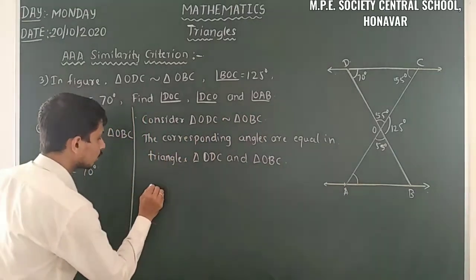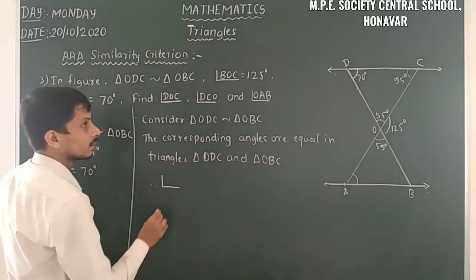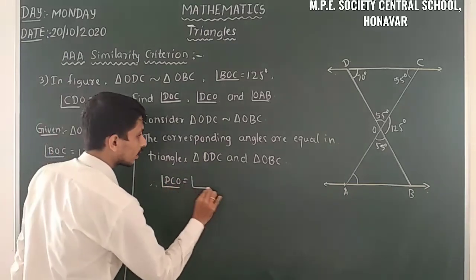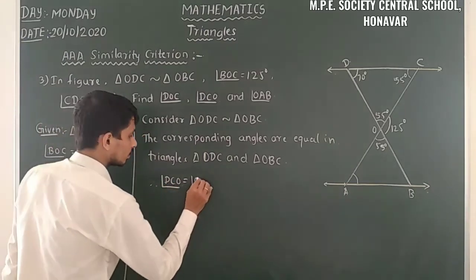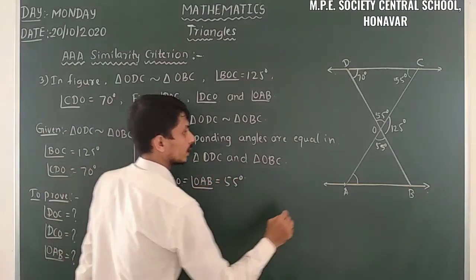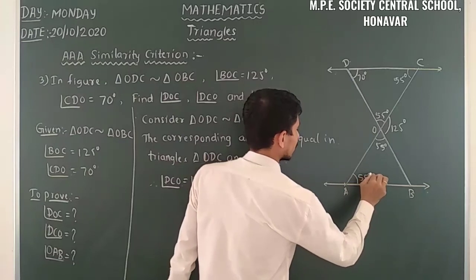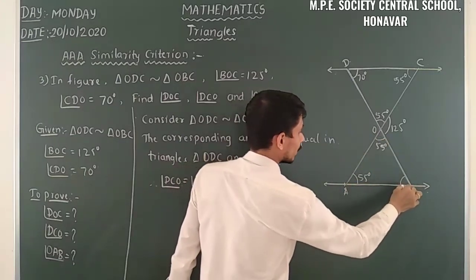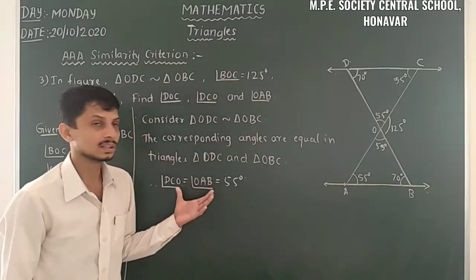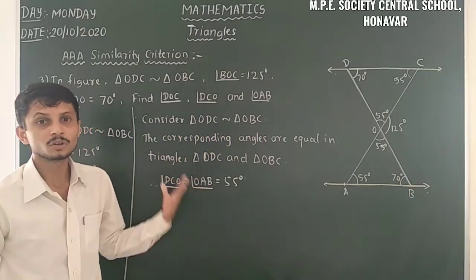Yes, therefore angle DCO is equal to angle OAB, which is 55 degrees. When we have 55 degrees, we have 70 degrees only. So that is the procedure to find that one.